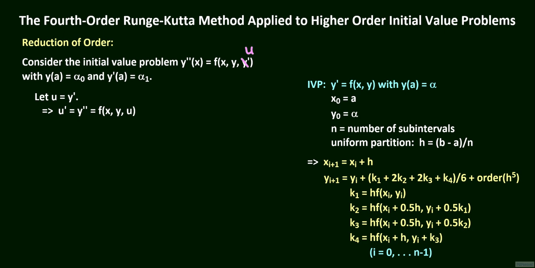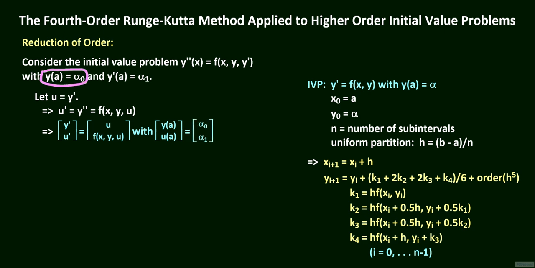And so the differential equation becomes a matrix system with the vector with components y prime and u prime equal to the vector with components u and f of x, y, u. For the initial conditions, we have the vector with components y of a and u of a equal to the vector alpha sub 0, which is y of a, and alpha sub 1, which is y prime of a, or u of a.